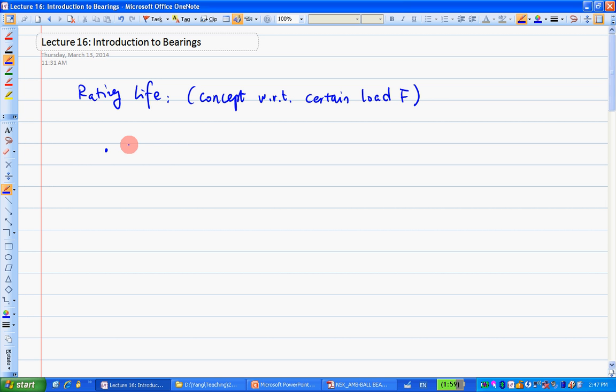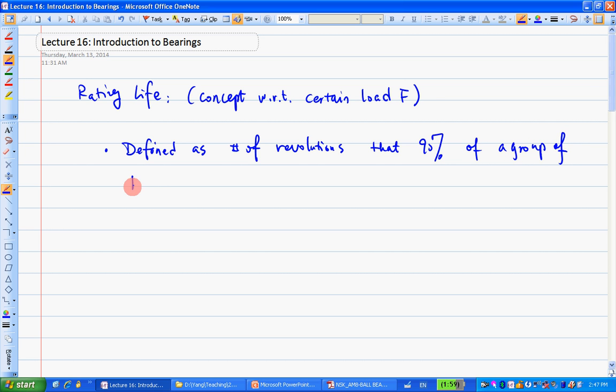It's basically defined as the number of revolutions that 90% of a group of bearings will achieve or exceed before failure.